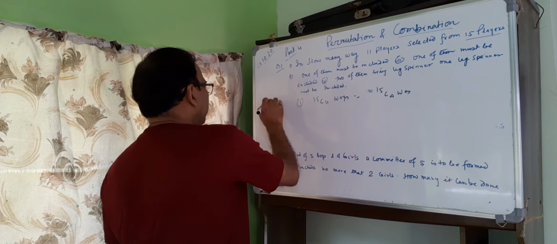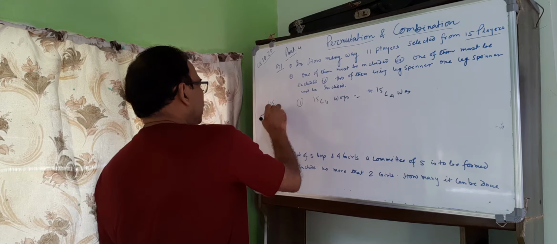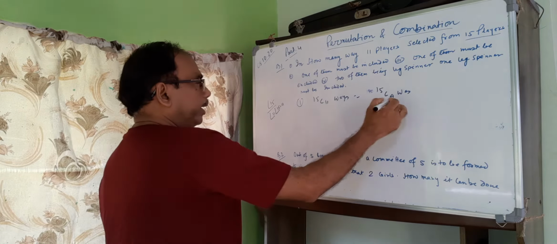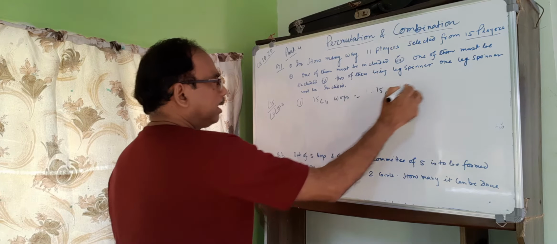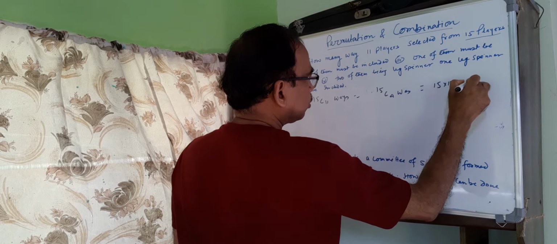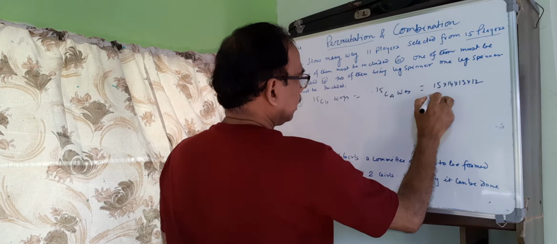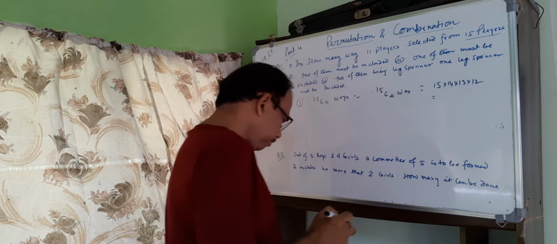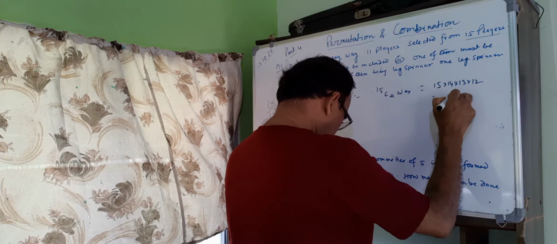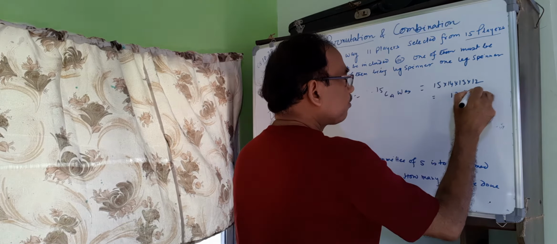We can break it: factorial 15 over factorial 11 times factorial 15 minus 11. That is 15 into 14 into 13 into 12 divided by 4 factorial. We can multiply and get the answer, 1365 ways.